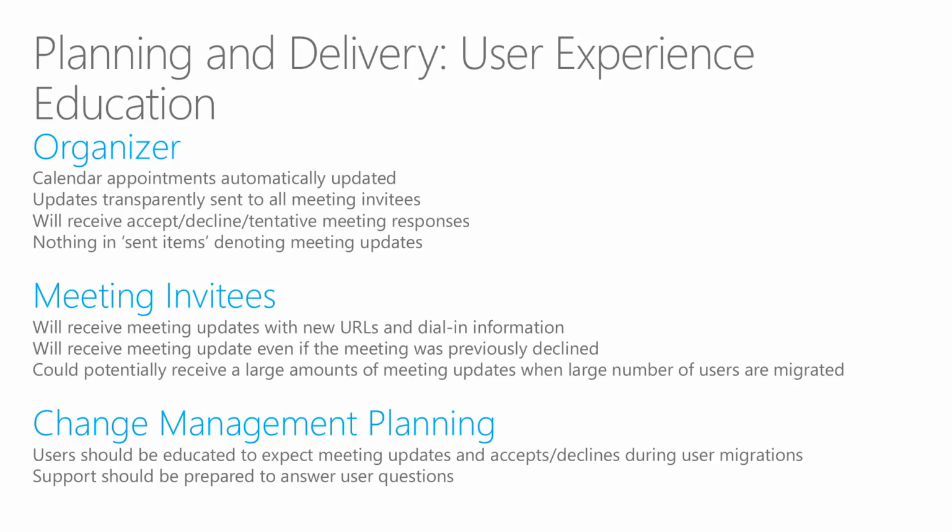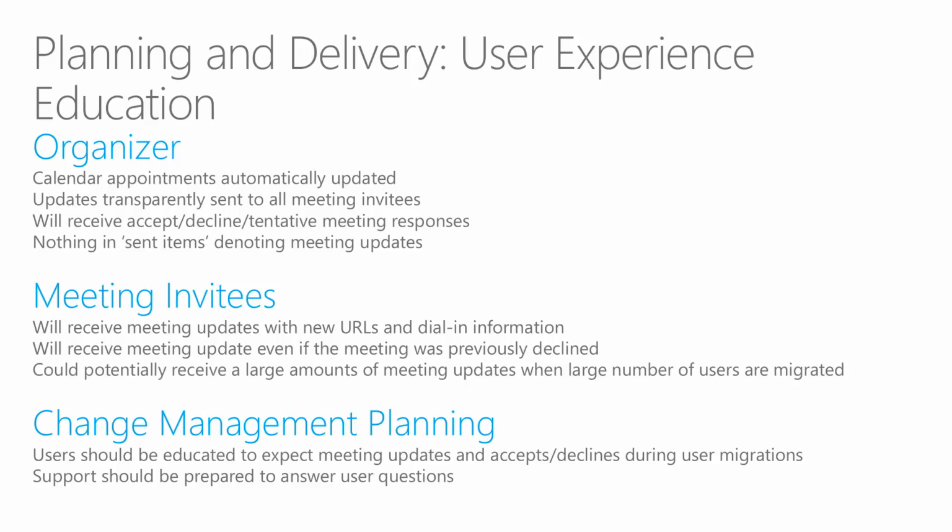What they will see, though, is that when the recipients of that meeting invite get that new meeting invite, if they say accept or decline or tentative or anything that sends a response, the organizer will start getting those responses back from their invited users. And so they should be educated to know that when this change is made, they should expect to see a number of new accepts or declines for their meetings to roll in. They will not see anything in their sent items showing that the meetings have been sent out and updated.